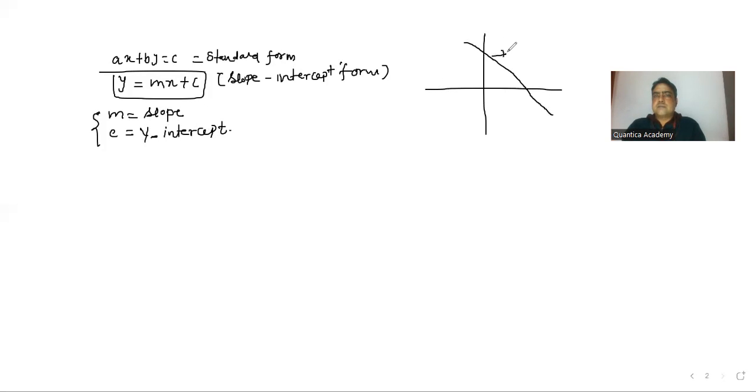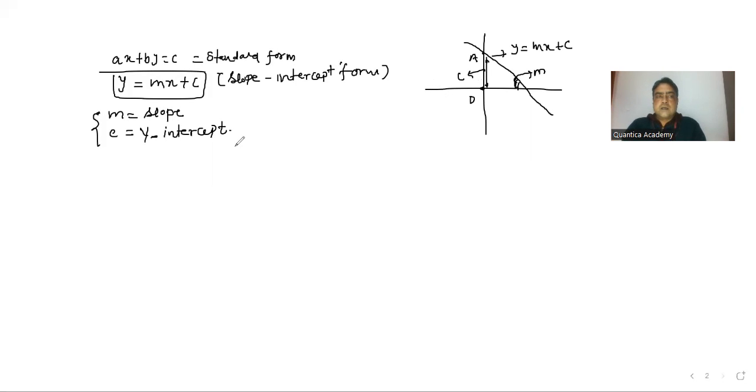Suppose this is some given line, hypothetically y equals mx plus c. This line cuts the y-axis here at point A, and this is origin O. So this distance OA is the y-intercept, that is c, and this angle is m.